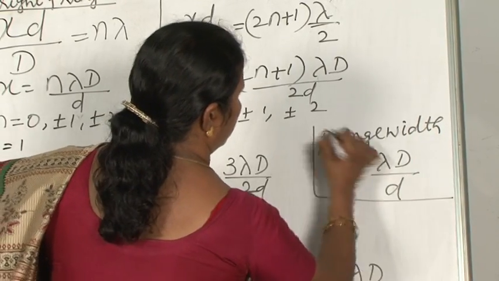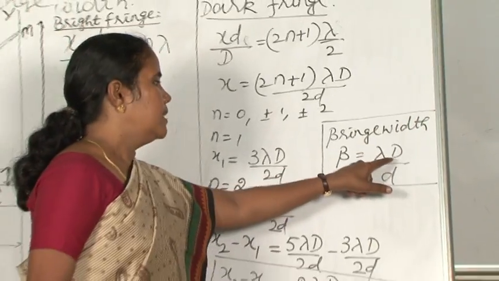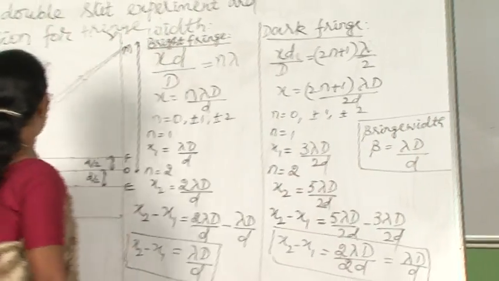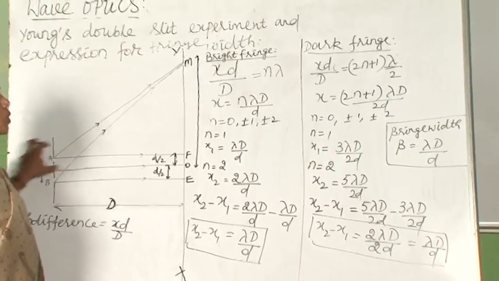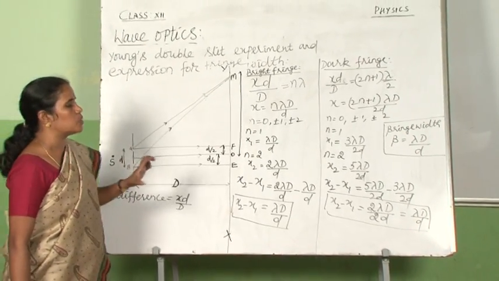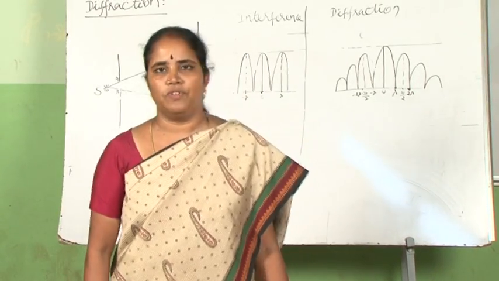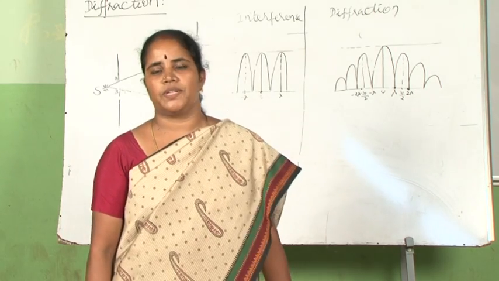So if the wavelength of the source of light is known, and capital D is the distance between the sources and the screen, and small d is the distance between the sources, we can calculate the fringe width beta.